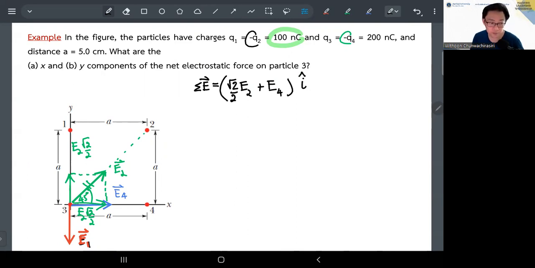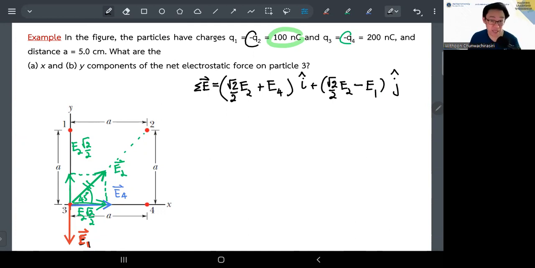Cool? Okay. Now look at the vertical direction. The E2 root 2 over 2 is pointing up, so it's root 2 over 2 E2. Then you have E1 pointing down, so you do minus E1, and the whole thing is pointing along the Y direction, so it's a j hat. Okay, that's it. You're done.